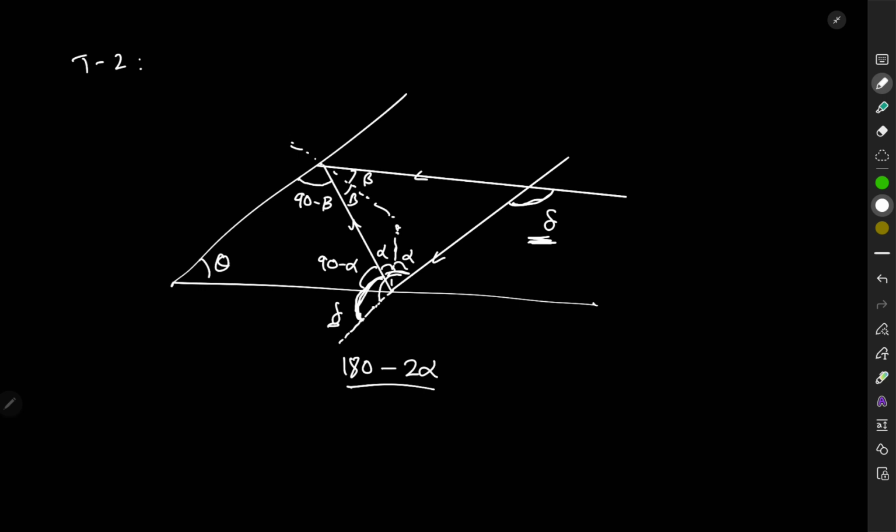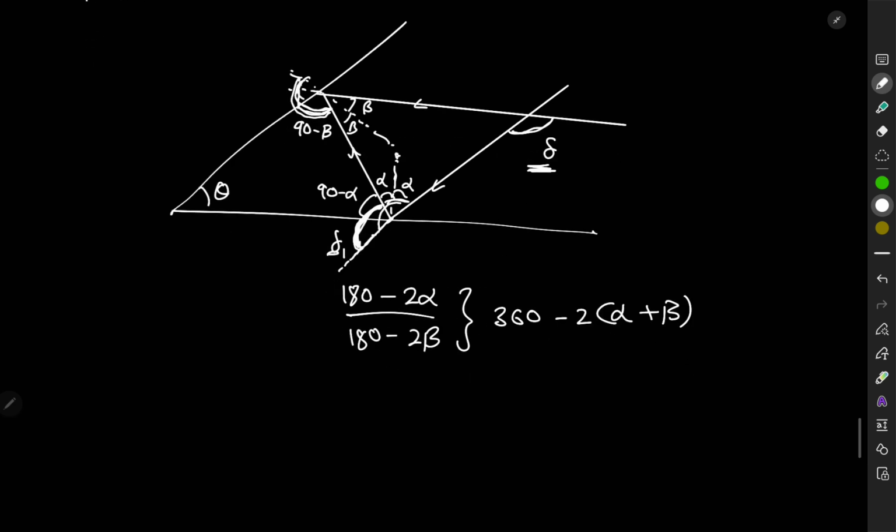Okay, this is deviation 1 and this will be deviation 2, so that will be 180 minus 2 beta. We know that in a triangle, if we add the exterior angles, it will be equal to another exterior angle. Do you agree with me? So I'm going to add both. I get 360 minus 2 times alpha plus beta. Fine, clear?